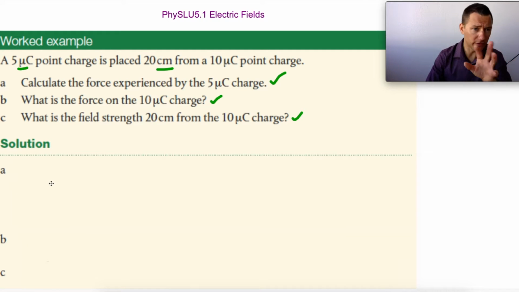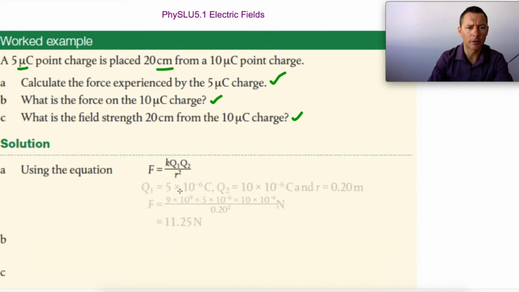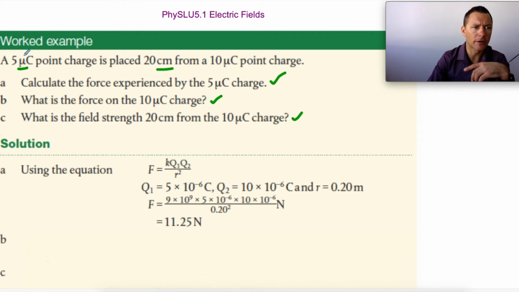Okay, hopefully you paused me and worked through that. We can just use this for the force exerted on one of them. We plug in K, we plug in Q1 and Q2, which are these, and we plug in R. Now, micro is times 10 to the negative 6, so we can plug that in here. Right? So that's what we're doing here.